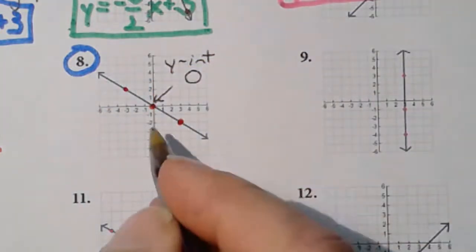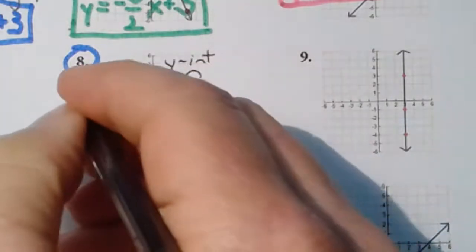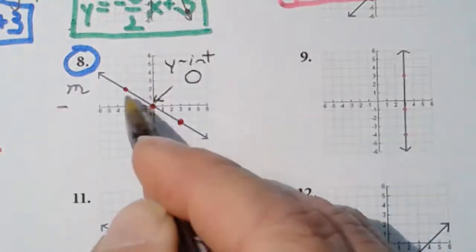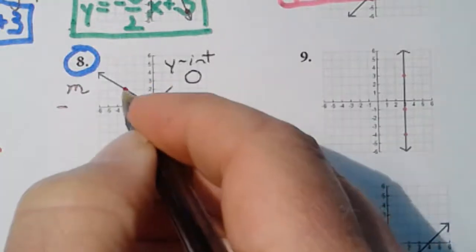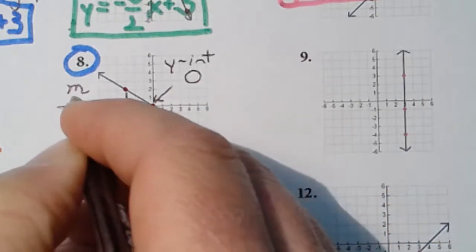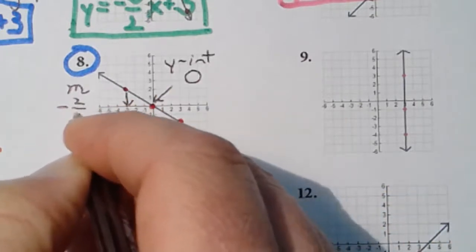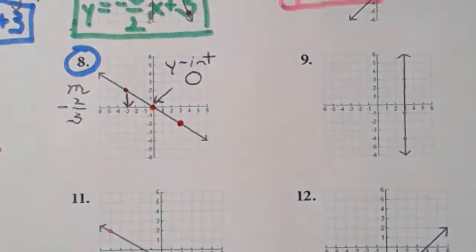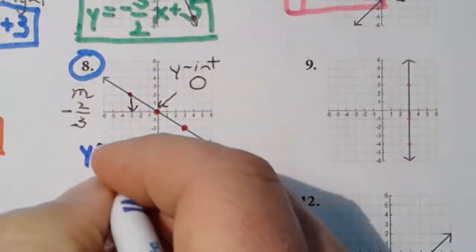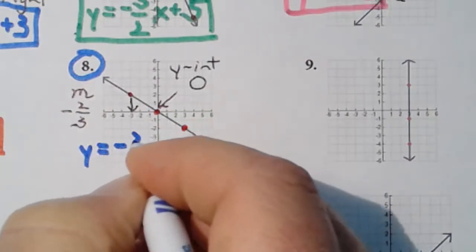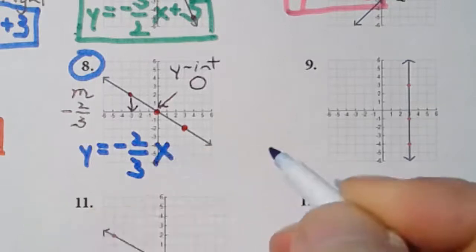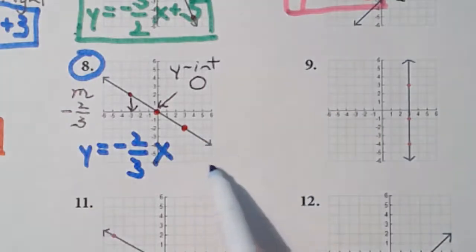And our equation, or the slope, it's going down 2, right 3. So, speaking of writing, let's write the equation. Y equals negative 2/3 x. We don't write a y-intercept over here because there is none.